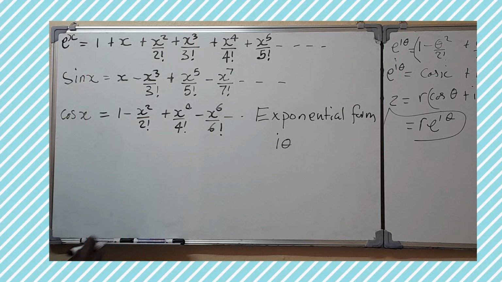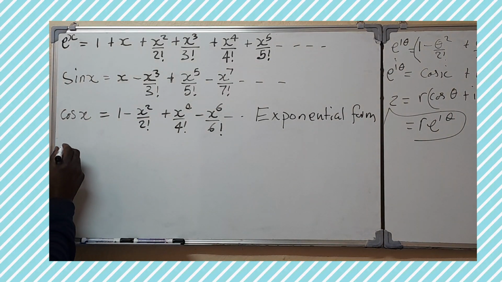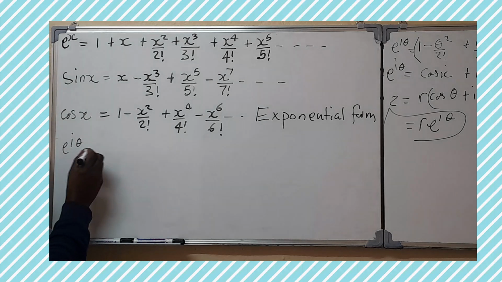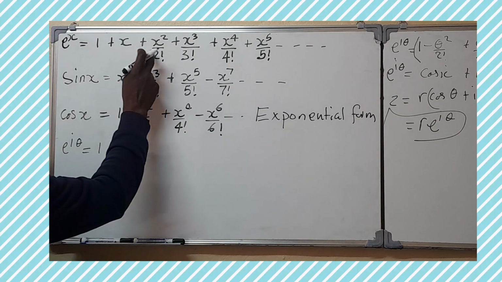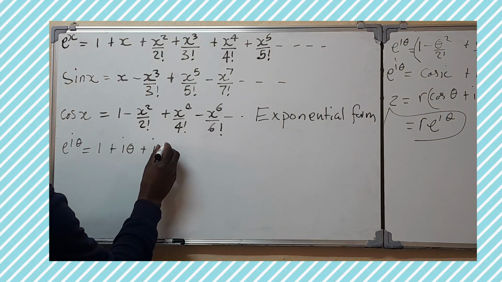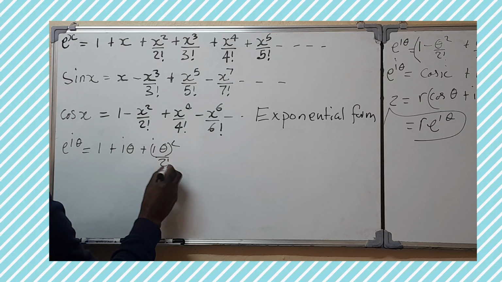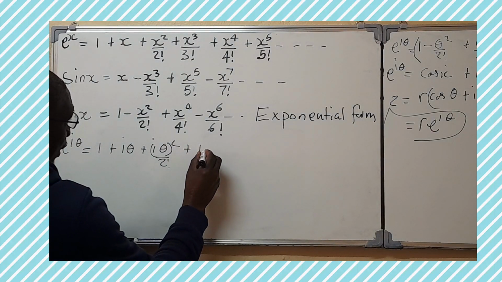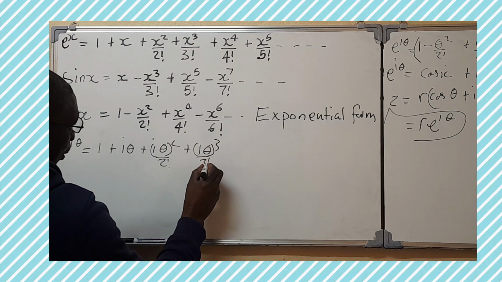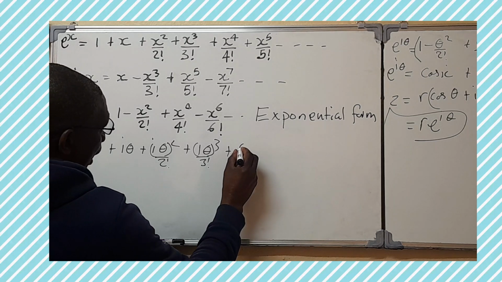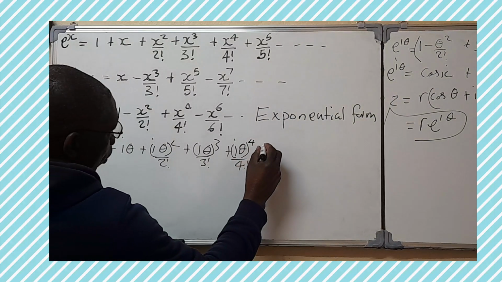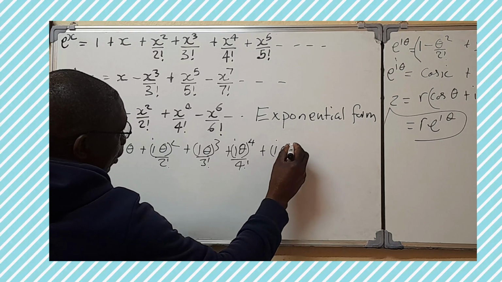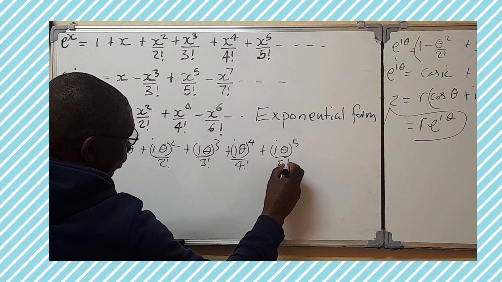So we have here e to the power I theta will be equal to 1, and then an x, which is I theta, then an x squared, which is I theta squared divided by 2 factorial, followed by I theta cubed over 3 factorial, followed by I theta to the power 4 over 4 factorial, followed by I theta to the power 5 divided by 5 factorial.